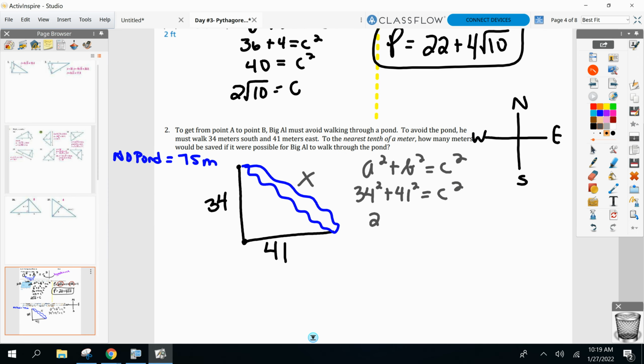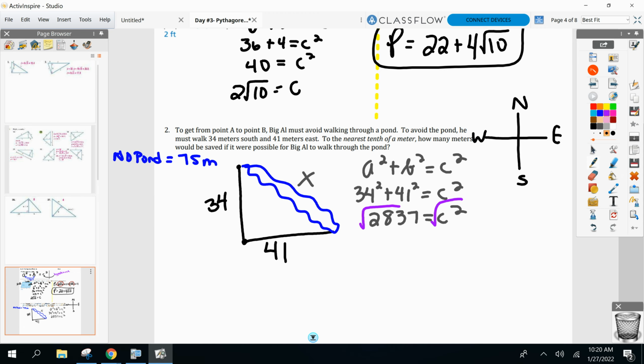I get 2,837 equals C squared. Everyone with me there? All right. Question for everybody. When I take the square root of this number, is that going to be my final answer? The length of the pond, is that my final answer? No, it is not.